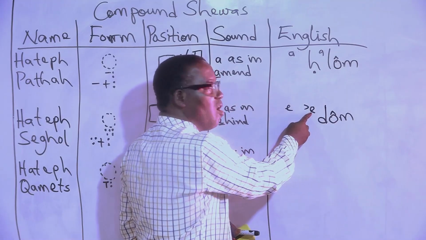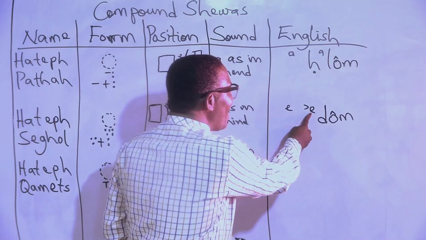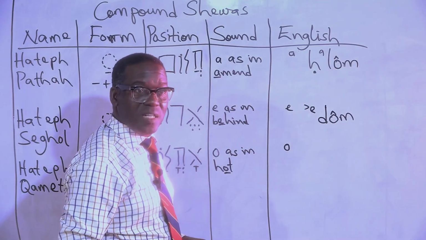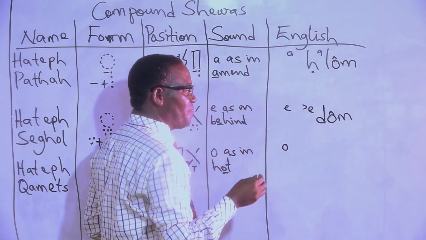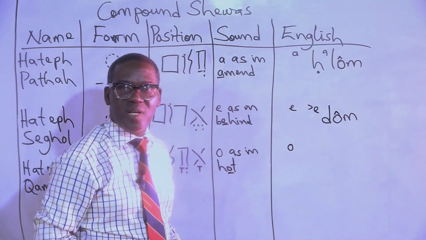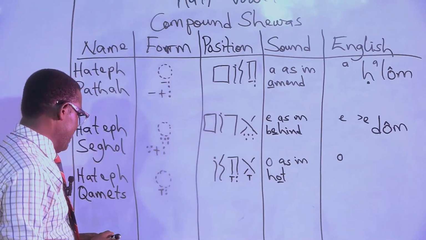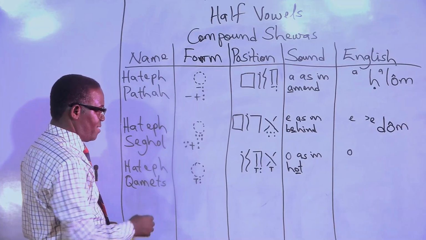It is always up. It now shows that this is Hateph Patah, Hateph Segol. It is not a full vowel. And in pronunciation, it will be pronounced so brief. Edom, Edom, Edom.